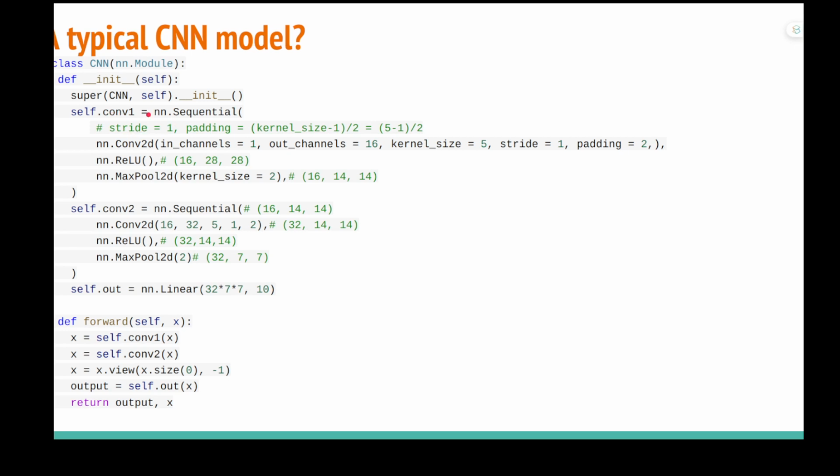For example, here we use nn.Sequential to assemble the 2D convolution, the ReLU activation function, and the max pooling into a single building block for the deep learning framework, and we call it conv1. Then we have the other block, conv2. They are very similar, but with different parameters here.